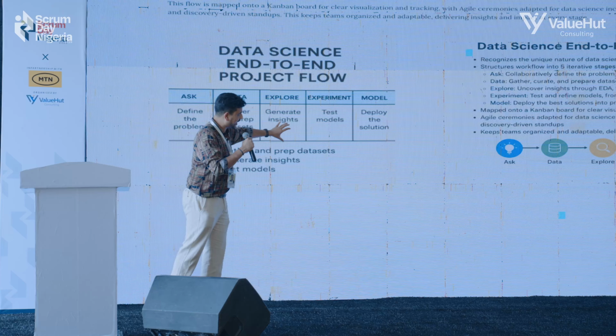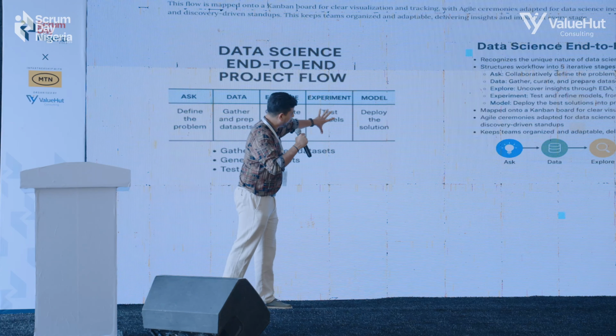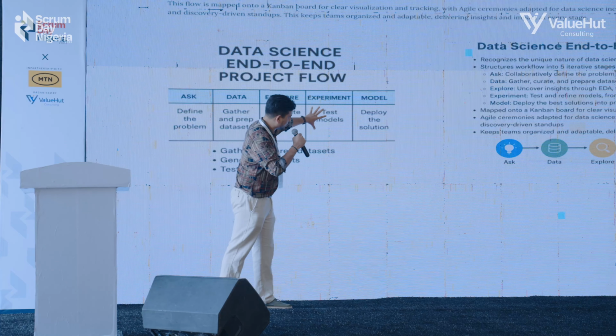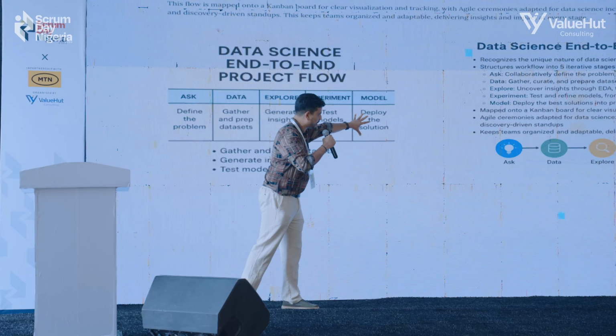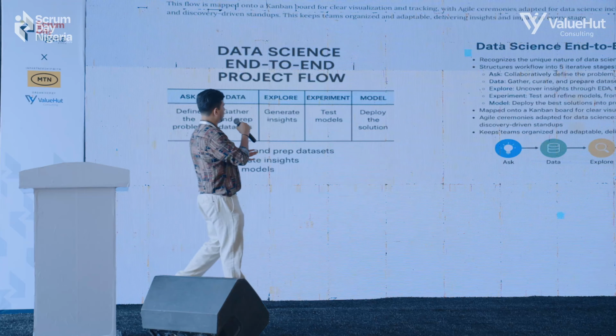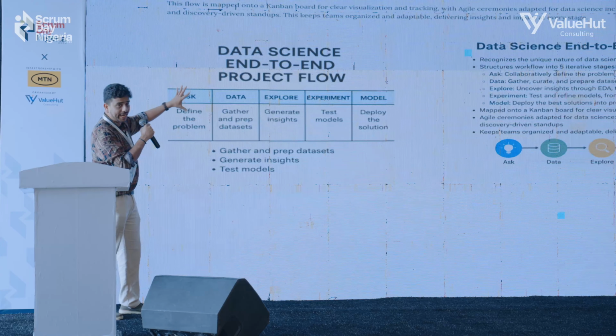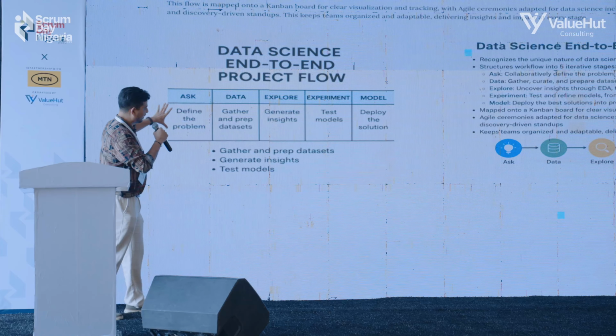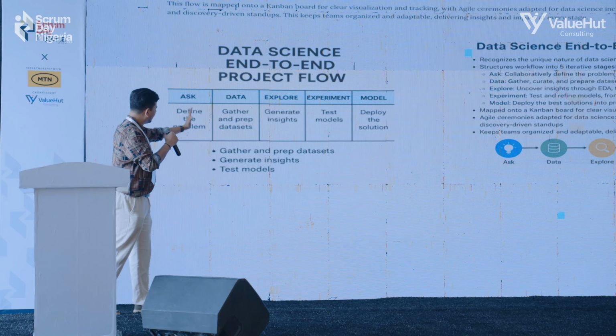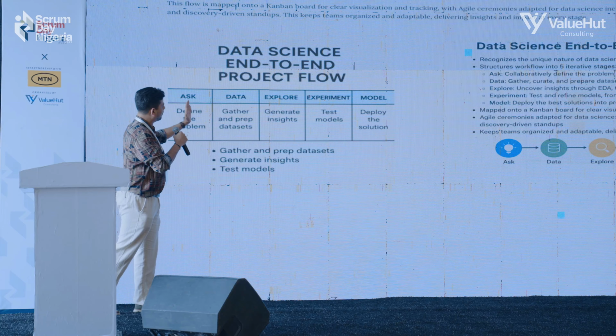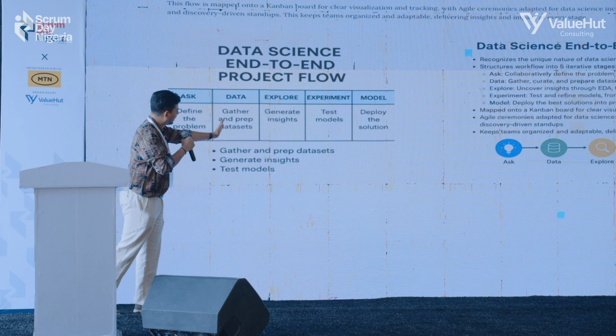So you're generating insights. Then you use linear regression as one of the models to test, and finally you're deploying the solution so that you can adjust the staffing levels. So this is a data science end-to-end project flow using the Kanban framework of asking, defining the problem, gathering the data sets, generating insights, testing the models, and deploying the solution.